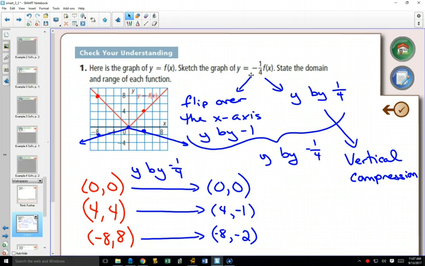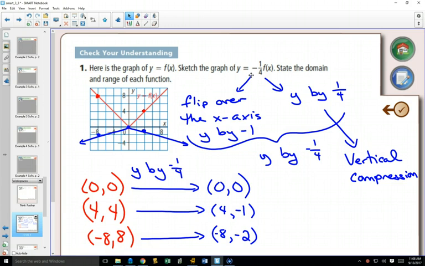So if you imagine a bar at the x-axis and squishing down, it would have gotten flatter. Plus the reflection over gives us the result that we have. Whenever you're multiplying y by a number bigger than 1, we're going to call that a vertical stretch. And we imagine grabbing the graph above and below the x-axis and pulling it away. And that will stretch it out further.